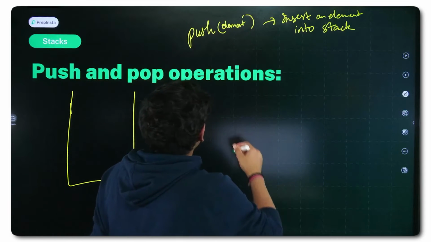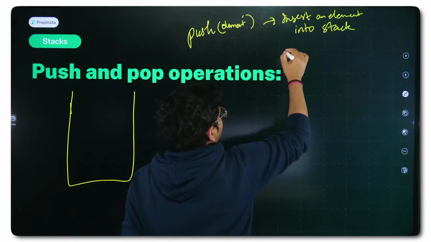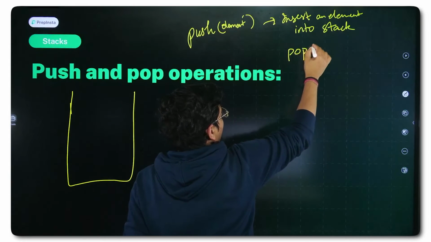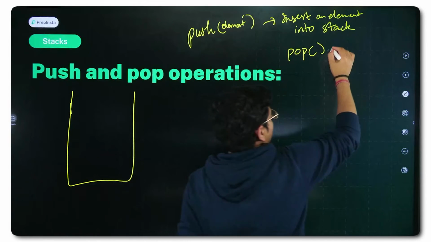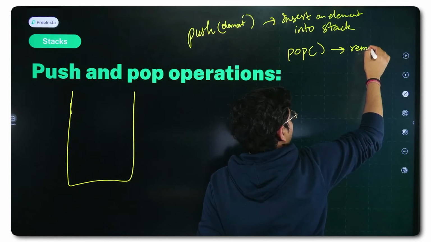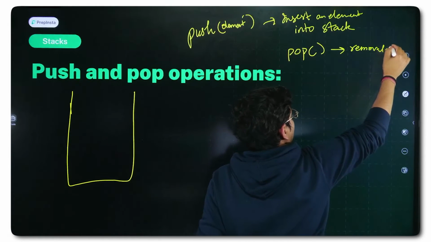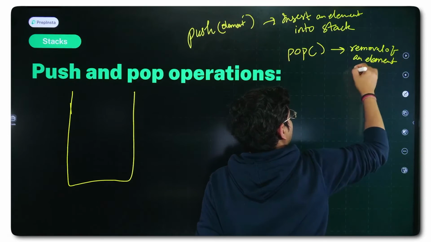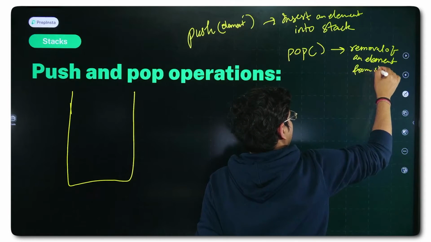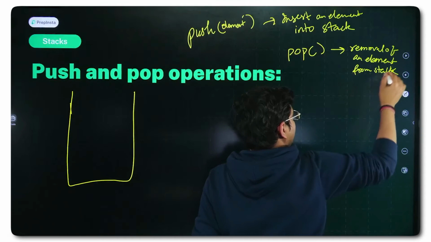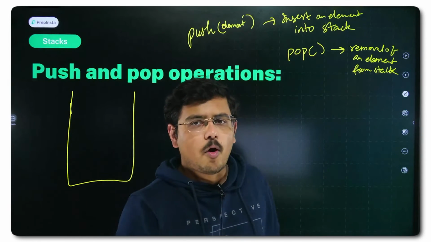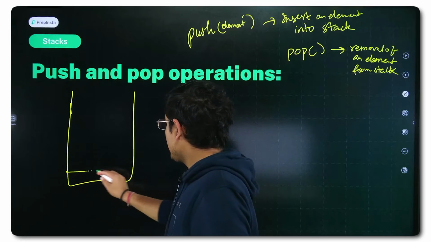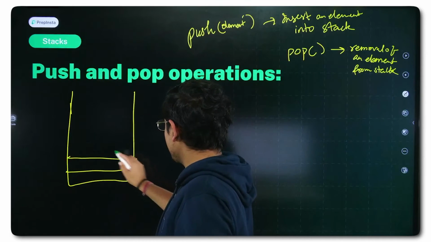Now if I tell you that there is one more operation called pop. So this is nothing but removal of an element from stack. Basically taking an element out of the stack is pop. Just imagine that you have such elements in a stack.